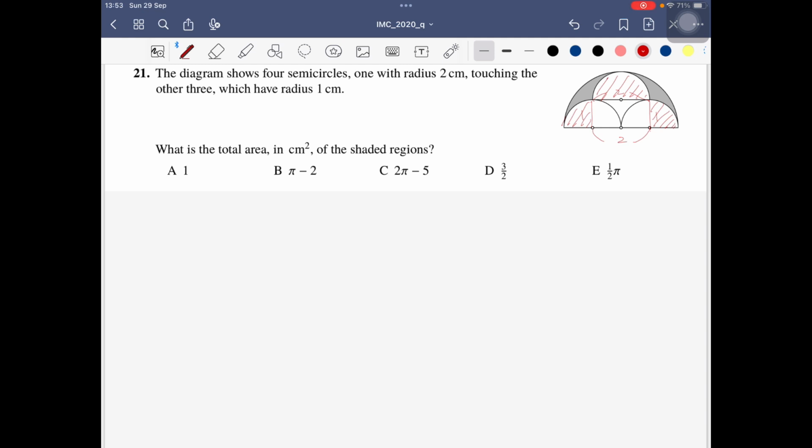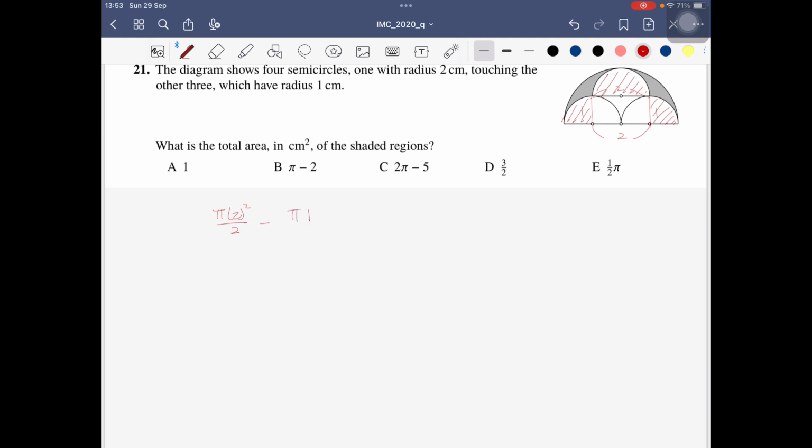So the whole semicircle area is pi r squared over 2. This is this whole area. But now we subtract pi r squared, one full circle, minus this rectangle, 1 times 2. So 2 pi minus 2, pi minus 2.